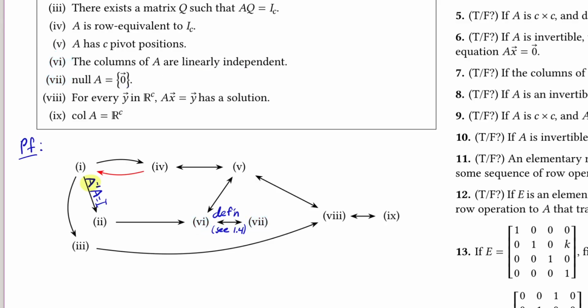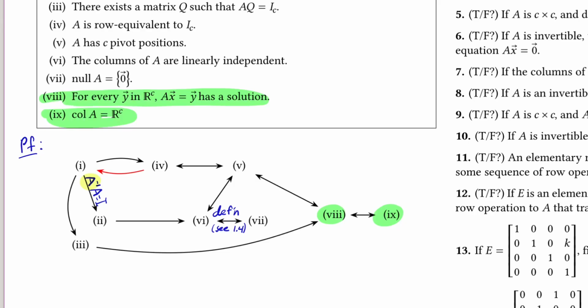Let's also look at these two things, 8 and 9. Why are these equivalent? Well, the column space is the set of vectors that can be written as Ax for some x in RC.